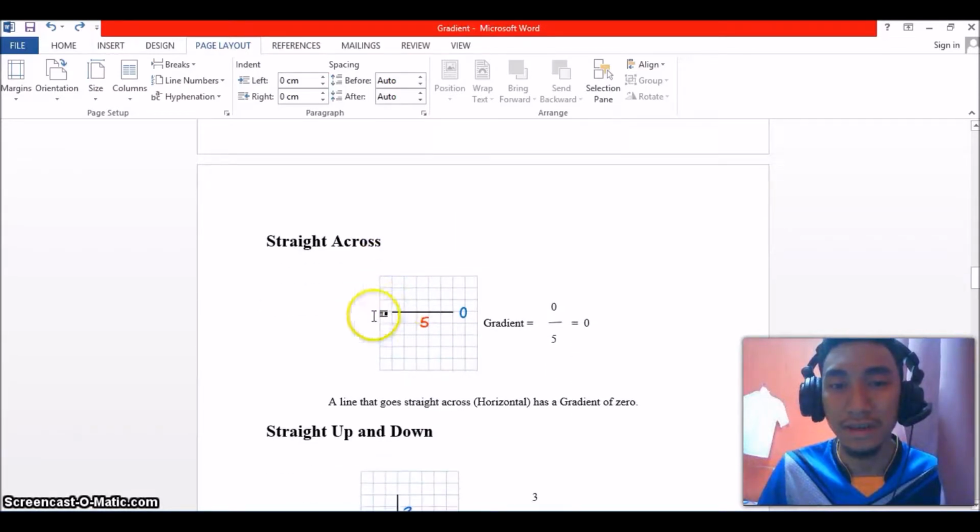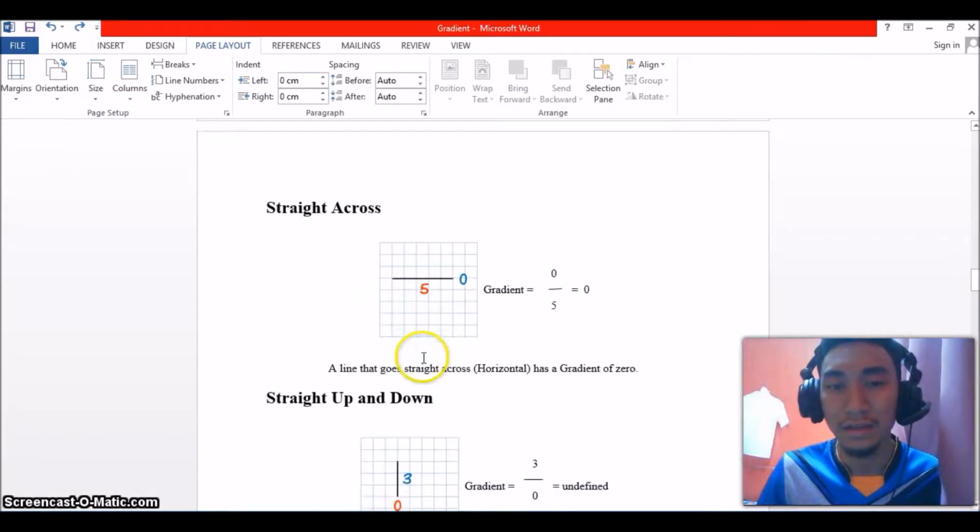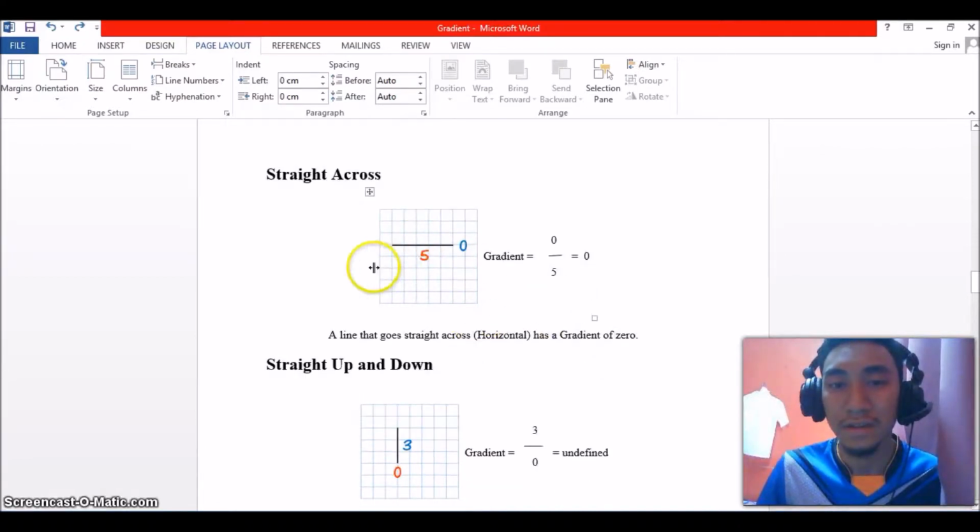For a straight horizontal line, it doesn't have a change in y. Because of that, the gradient of the straight line is 0. For the example here, there is no change in y. The change in y is 0, and the change in x is 5, 0 over 5, and the answer is 0.